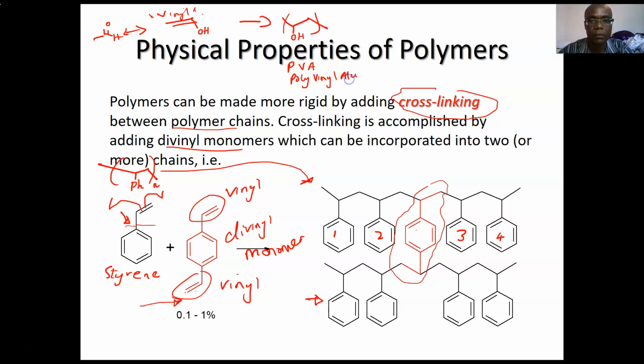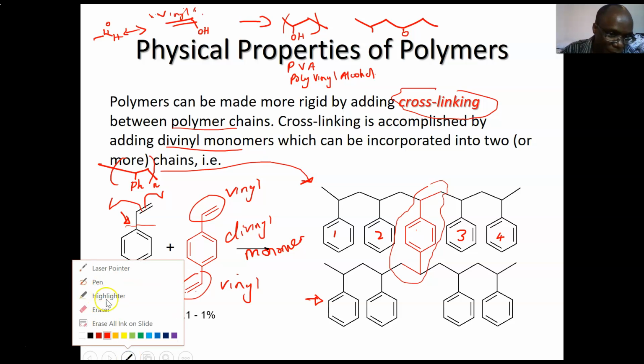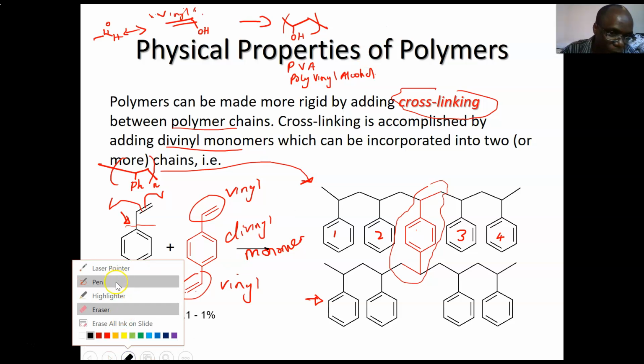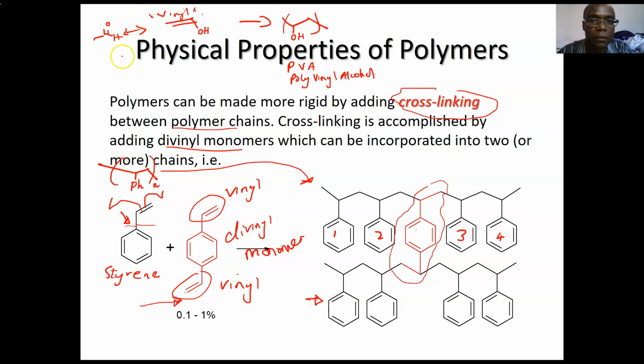polyvinyl alcohol, polyvinyl alcohol. So if you take two vinyl alcohols, okay, let me show you. I'm trying to explain cross-linking here. Another application of cross-linking is in making slime. You must have made slime in high school. So if you take glue, which is a polymer, polyvinyl alcohol, and react it with borax, this is what you end up with.